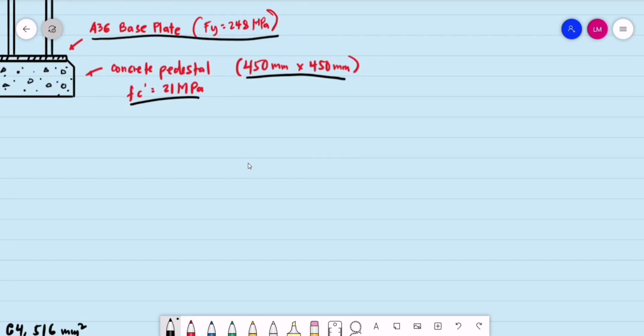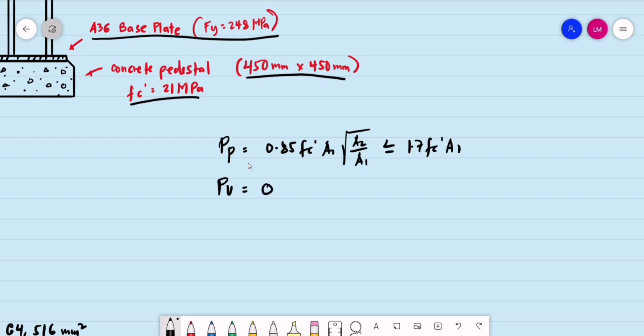So from our introduction, we have the nominal capacity P sub P is equal to 0.85 of Fc prime area 1, then multiplied by the square root of area 2 divided by area 1, but should be less than or equal to 1.7 of the Fc prime multiplied by area 1. So what will be the equivalent of our ultimate load?